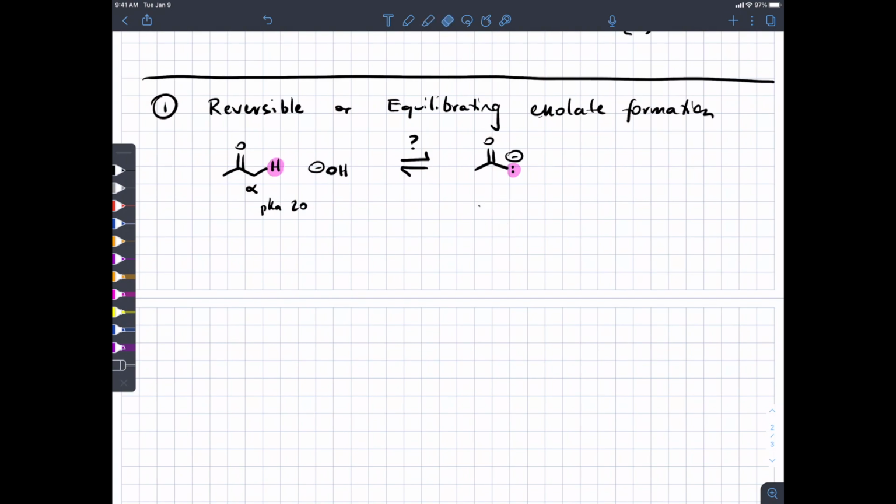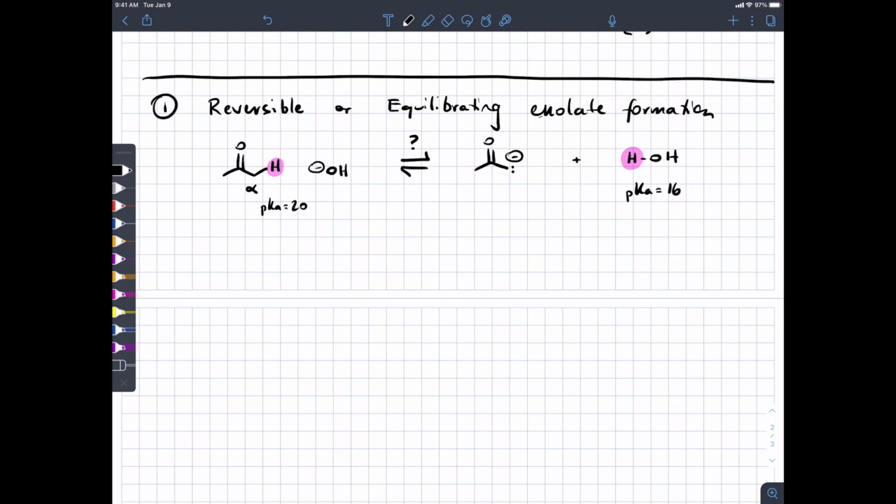So the conjugate base of the ketone is the enolate. The conjugate acid of OH minus is water, and of course the pKa of a proton on water is around 16. So if you compare the pKa's, and this is a chapter 2 problem from 351, which side wins?